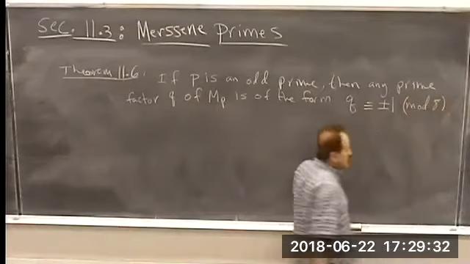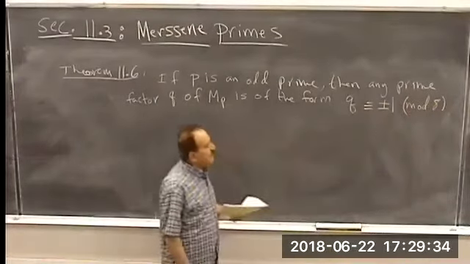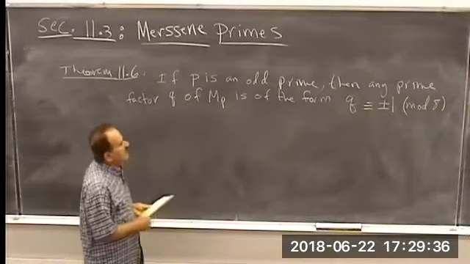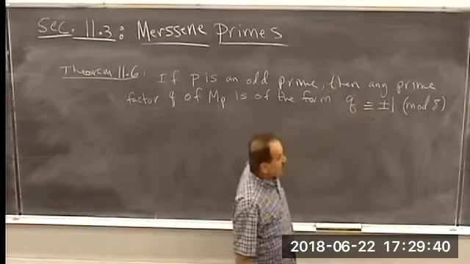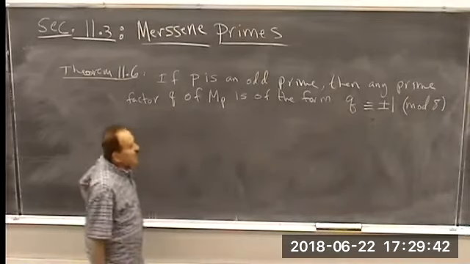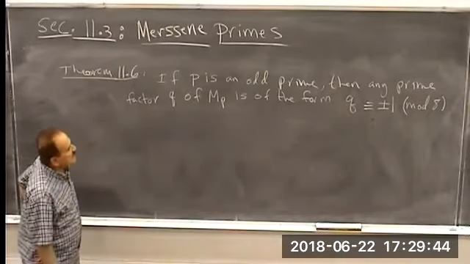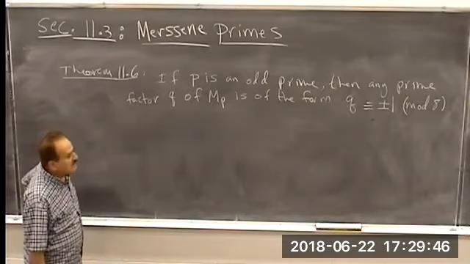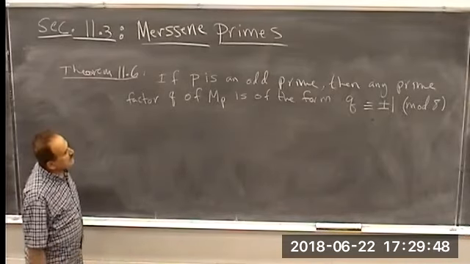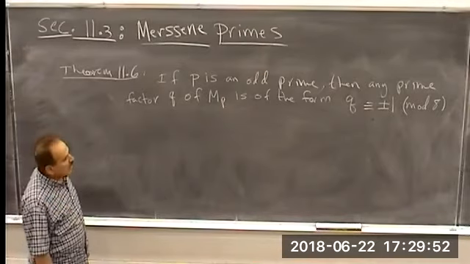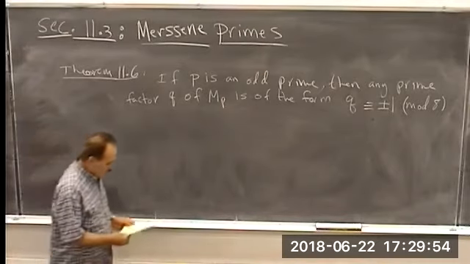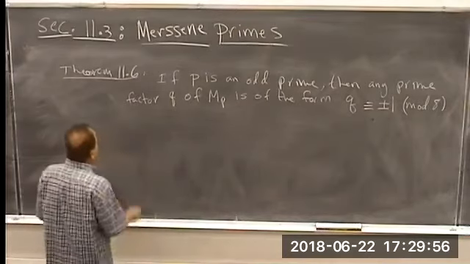In other words, we don't need to consider the list of primes that we had before. We can eliminate anyone that is not of this form. Now this turns out to be helpful for larger Mersenne numbers. For the example which we just worked out, it's going to eliminate one of the prime candidates. All right, let's look at the proof of this.